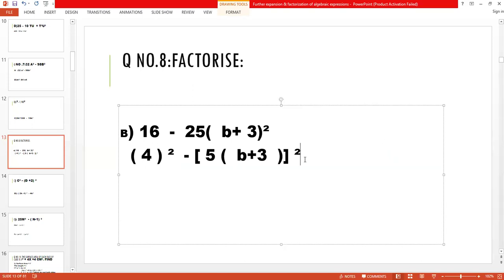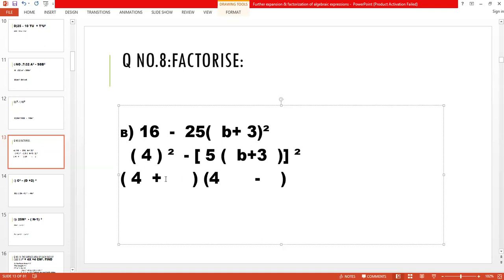Okay. So how do we solve? We have to put a bracket, and one time we have to add and one time we have to subtract the first term and the second term. The first time I have to add and the second time I have to subtract both the first term and the second term. So what is the first term? 4. So here you have to write 4. Again here you have to write 4 because there will be no change in the first term.